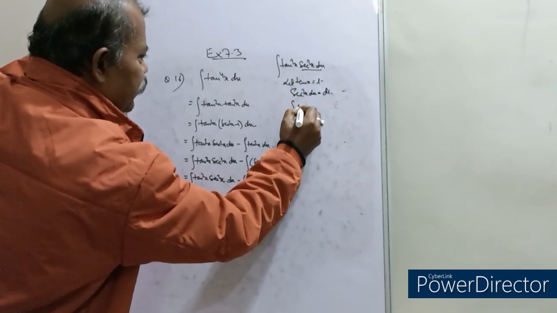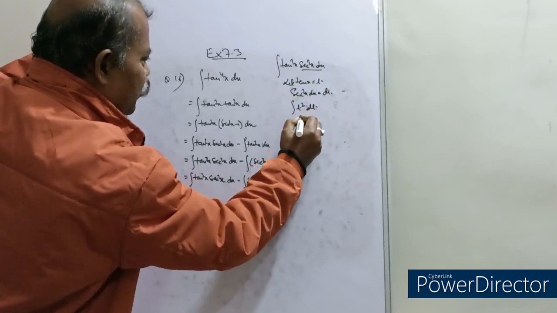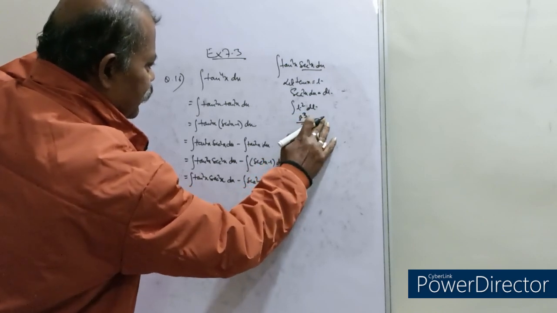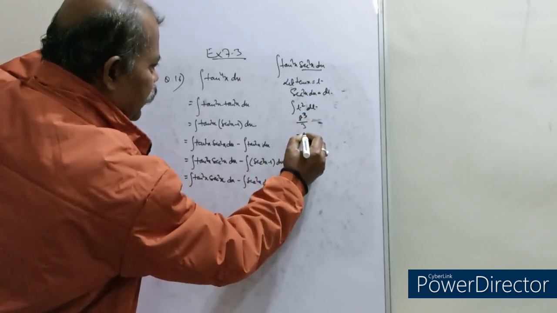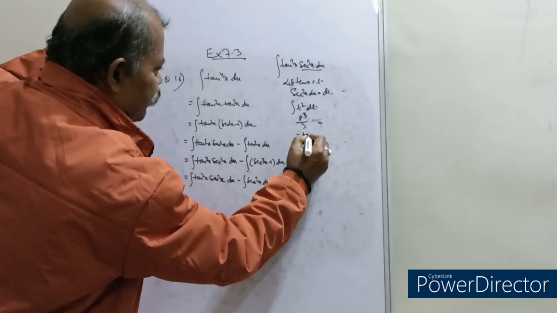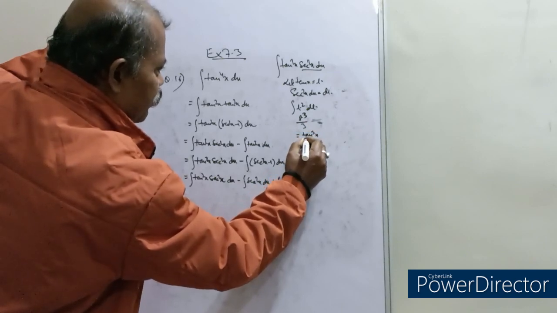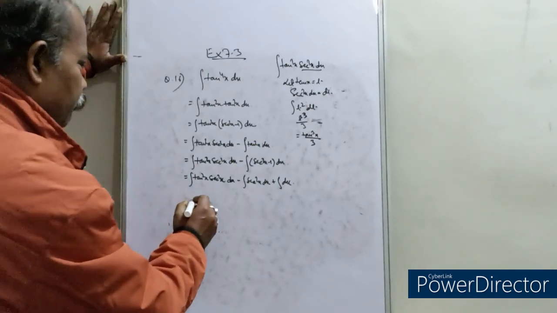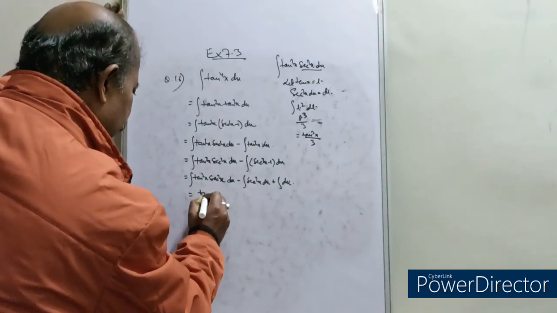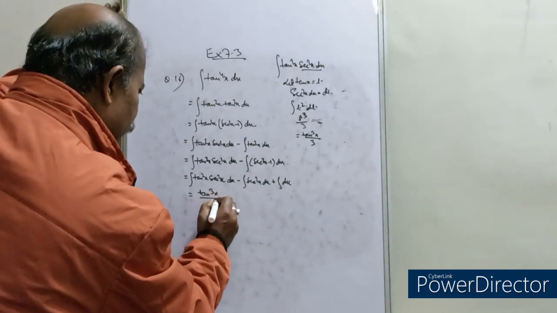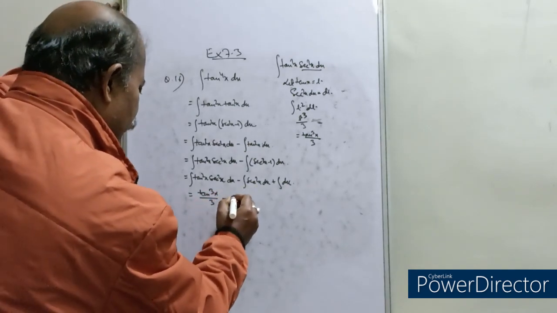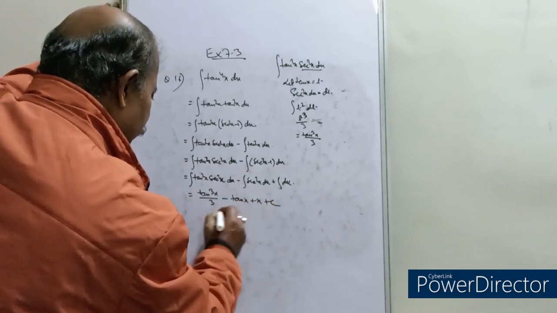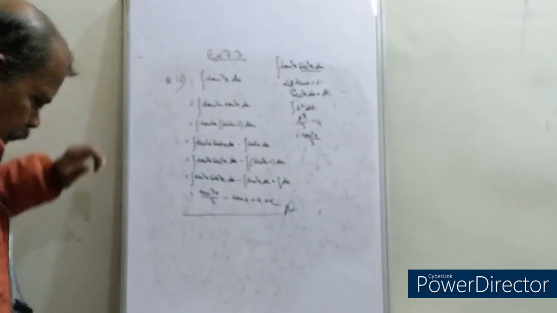This will be t square dt, so t cube by 3, that is tan cube x by 3. The integration of sec square x is tan x, plus x plus c. So this is your answer.